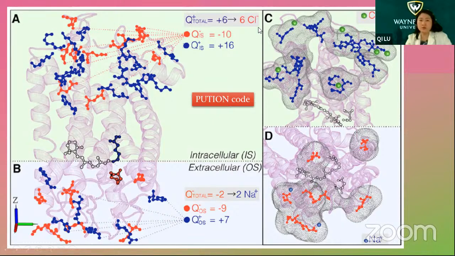The total for the extracellular part is negative charged, so it can attract cations like sodium, and the intracellular part is positive charged and is covered with negatively charged ions like chloride. We all know that for most cells the intracellular part is more negative compared to the outside.